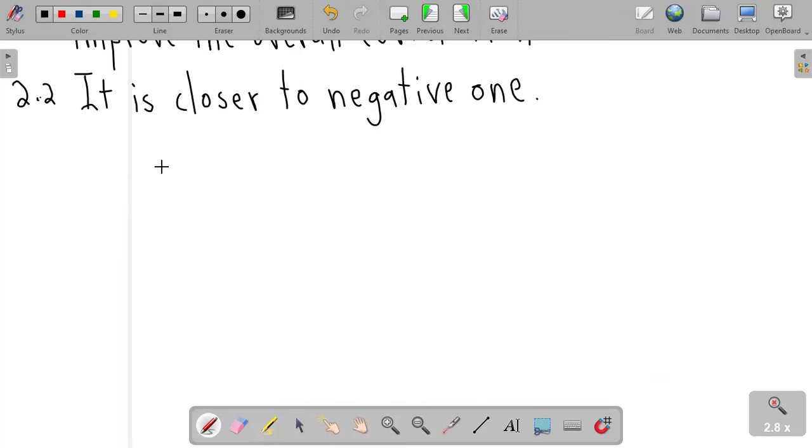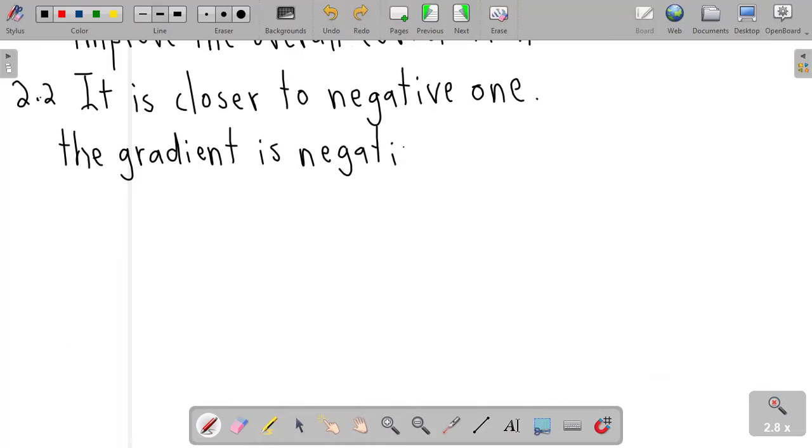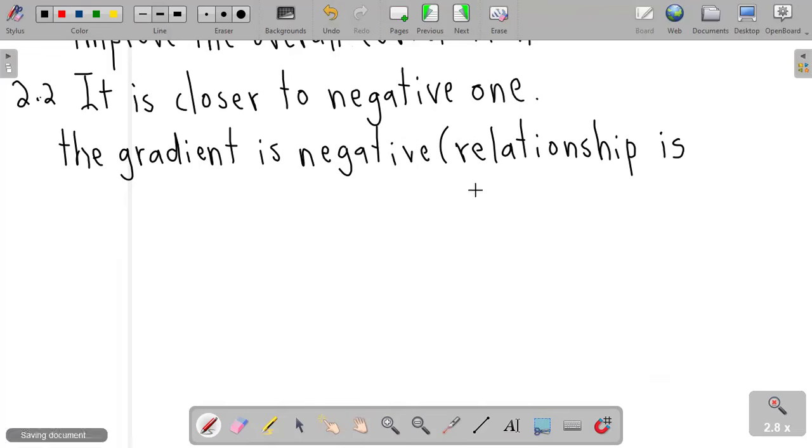And then what is the reason? You can say the gradient is negative, or we can say the relationship is indirect.